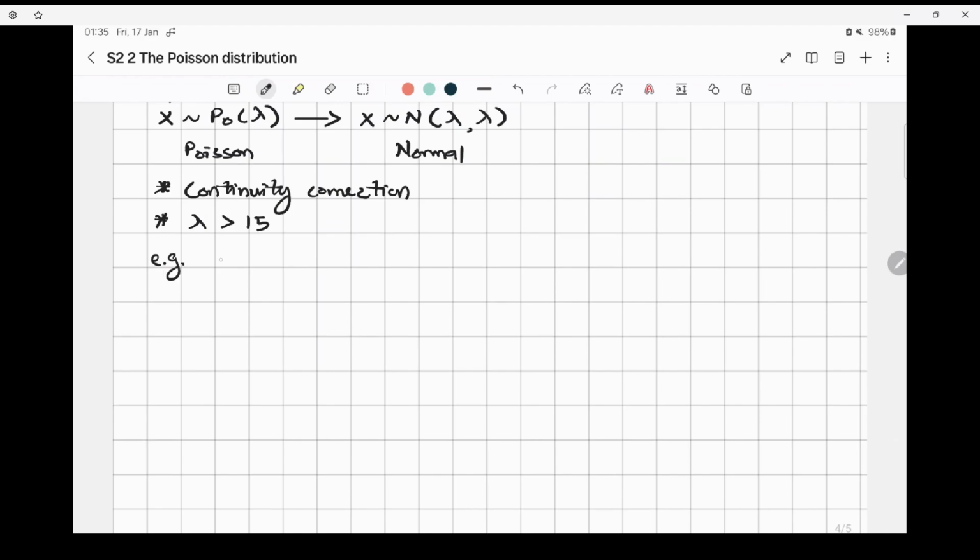Let's say you have X distributed by Poisson distribution and lambda is 50. Use the normal distribution to approximate the following.